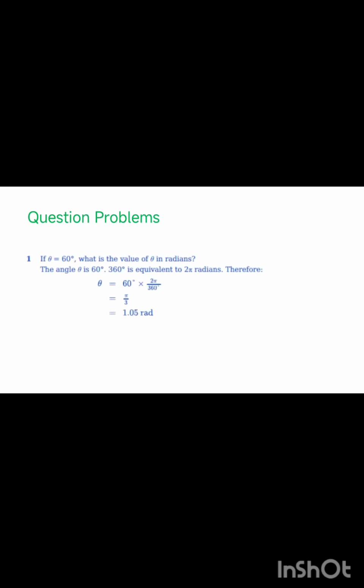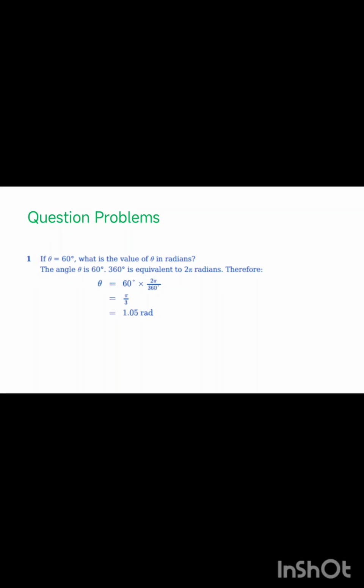Now we have a simple question here, so that we can understand how to do the conversion. For example, if the angle theta is given to us as 60 degrees, you need to find the answer in radian. So here we need to do the conversion from degrees to radian. The angle theta is 60, and we know that 360 degrees is equivalent to 2 pi radian, as we just understood in our previous slide.